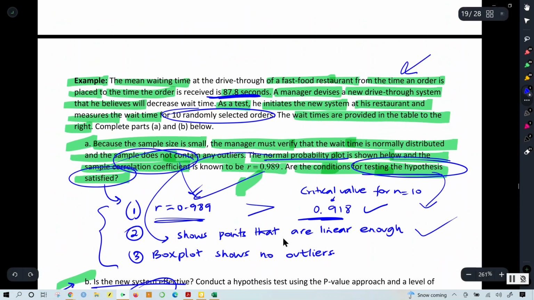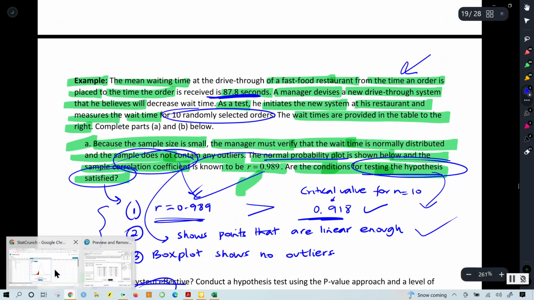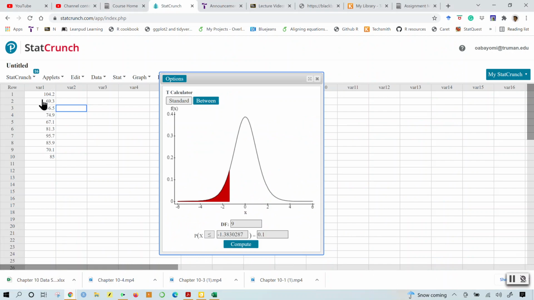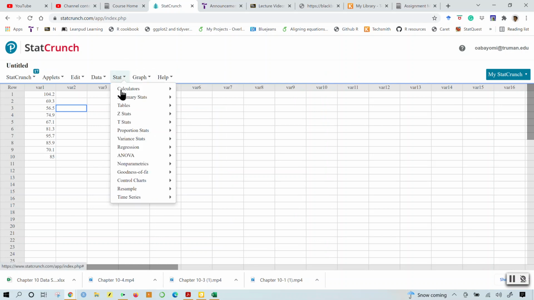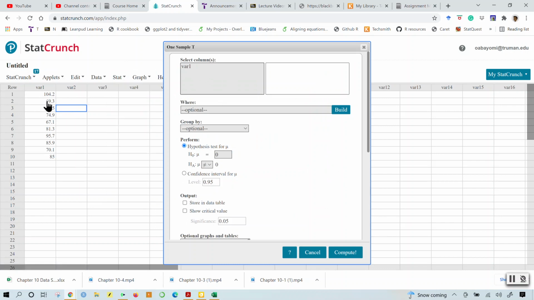And that makes sense because we already have the raw data itself. So I'm going to just exit this, go to stats, and indicate that I want to do a t-stats, one sample, no longer with summary. This time I have the raw data, so with data. And I'll choose variable 1.